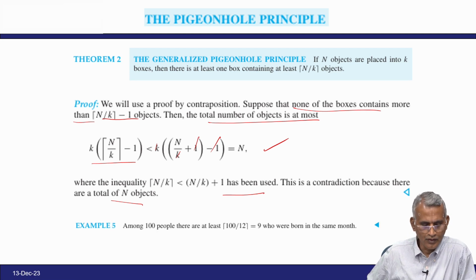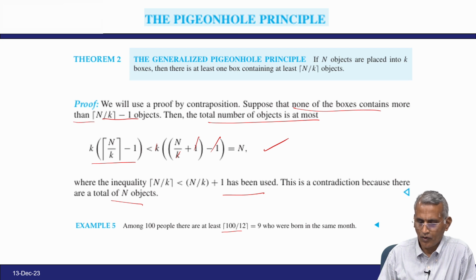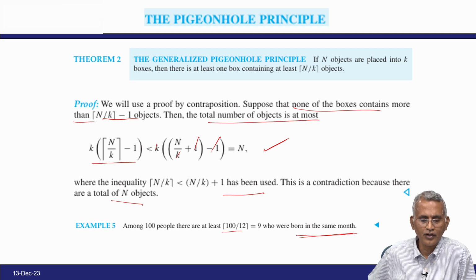Let us start with one example. Among 100 people, there are at least the ceiling of 100 by 12, so the corresponding value is 9, who were born in the same month. So, this way we can use the general pigeonhole principle in terms of the ceiling function.